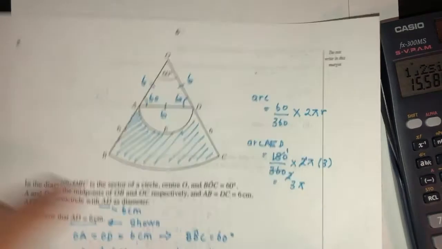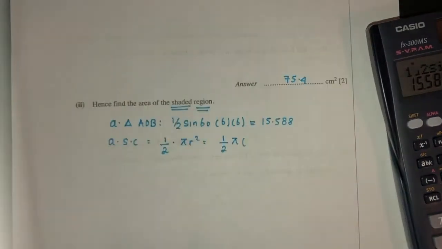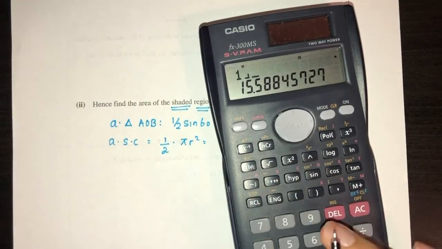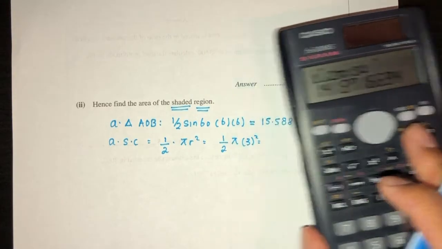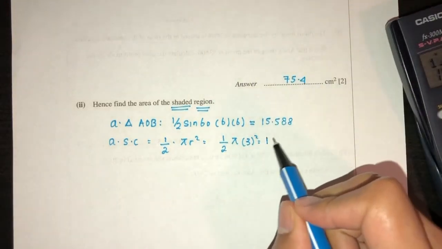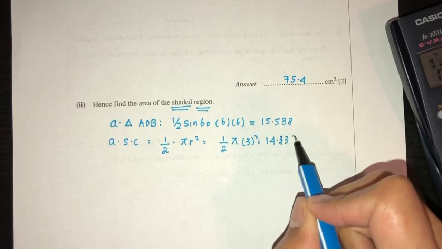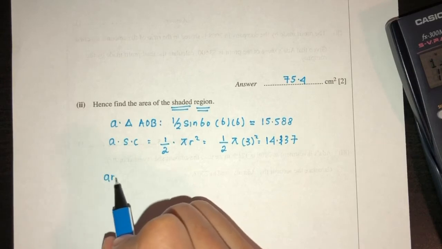The radius here is not 6, it is only 3 because the diameter is 6, so the radius is 3. That will be half pi times 3 squared, 14.137.